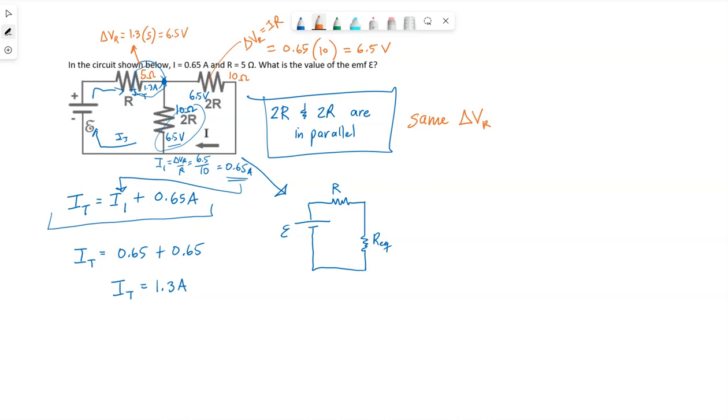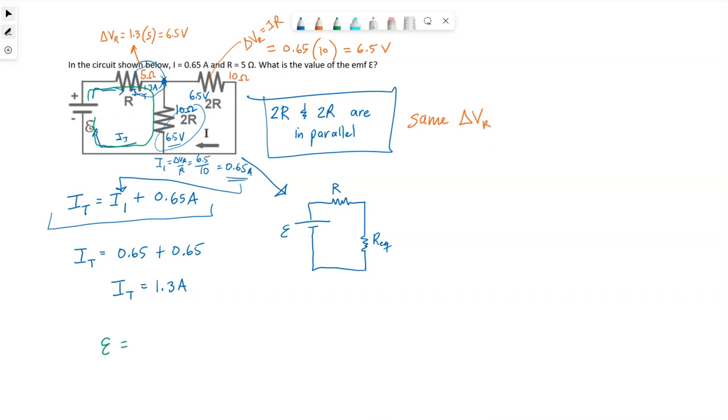Since we have double the current but half the resistor, now we can just follow our loop. If I follow a loop, this battery voltage, as I follow a loop around, that battery voltage has to be shared amongst the resistors we pass by.